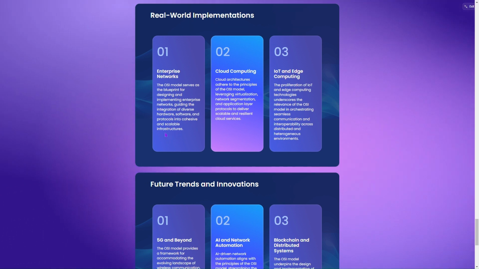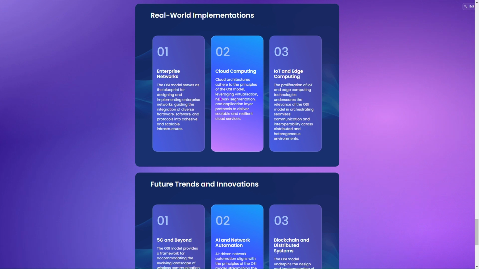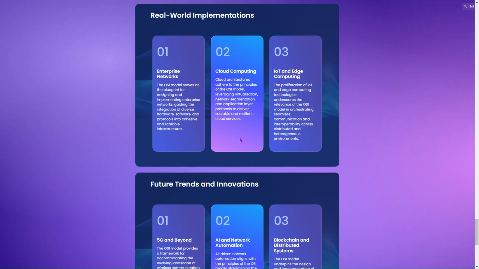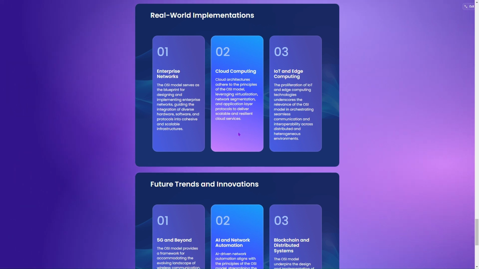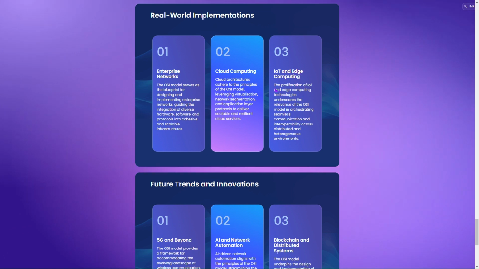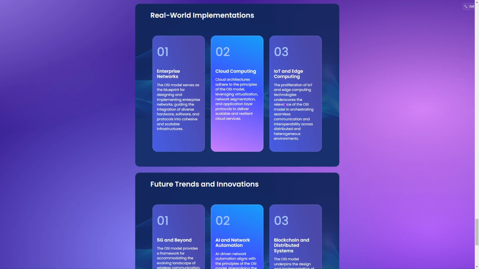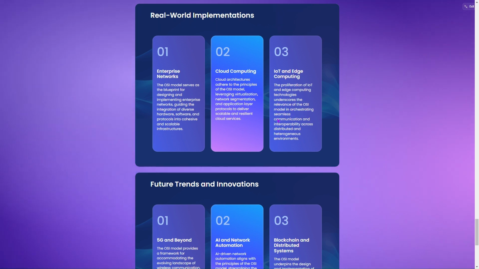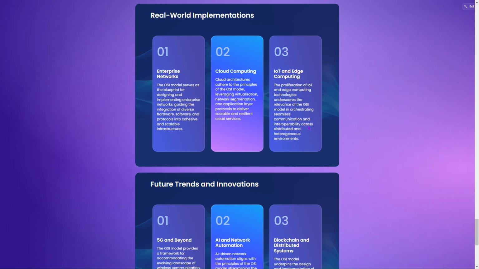Cloud architectures adhere to the principles of the OSI model, leveraging virtualization, network segmentation, and application layer protocols to deliver scalable and resilient cloud services. 3. IoT and edge computing. The proliferation of IoT and edge computing technologies underscores the relevance of the OSI model in orchestrating seamless communication and interoperability across distributed and heterogeneous environments.